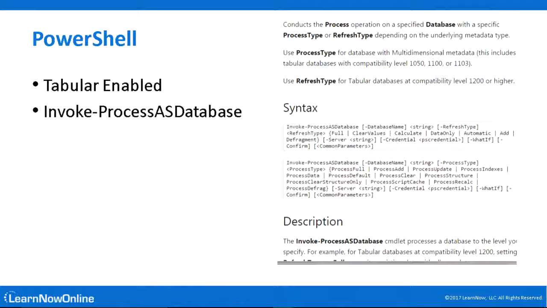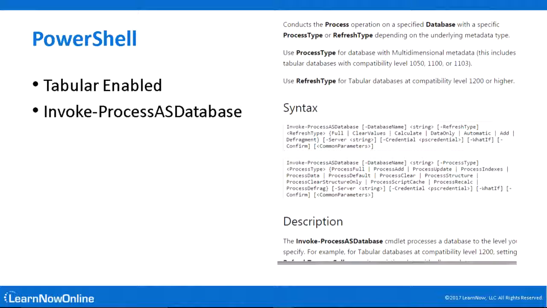So what is Invoke-ProcessASDatabase? This processes the operation of the database with a specific process type, like all, table, partition, or a refresh type, depending on the underlying metadata type. So you can just process the data, the index, or just the metadata.